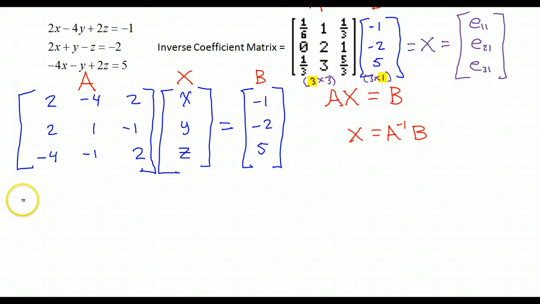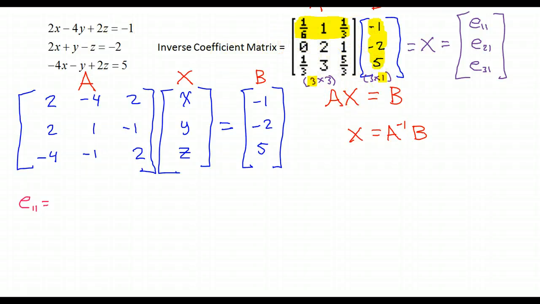All right, let's go ahead and find element 1, 1. Element 1, 1, that means row 1 times column 1. All right, so we're doing A inverse times B. So row 1, column 1. Please understand that this is row 1 up here. Okay, and of course this will be column 1 every time.